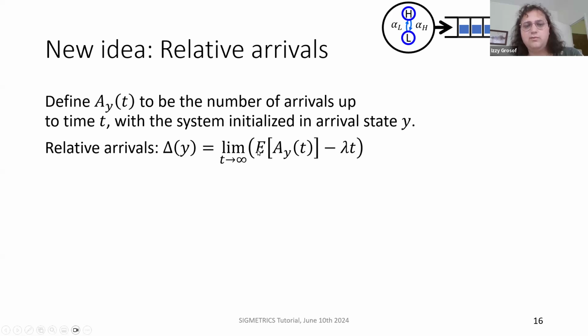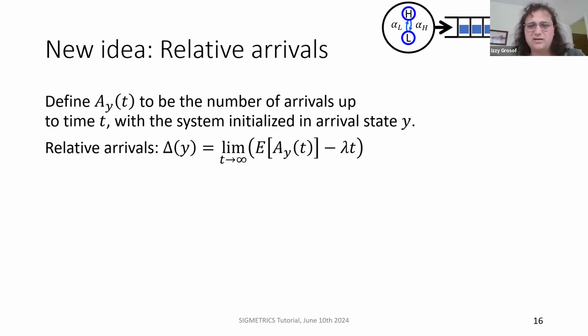What we do is we take the expected number of arrivals up to time t starting in state y and subtract out the long-term arrival rate lambda t. Then we take this difference, which is going to be some number of jobs, and we take its limit as time goes to infinity. And so it tells us, because you started in this state, you're this many jobs ahead. And that number of jobs ahead is delta y.